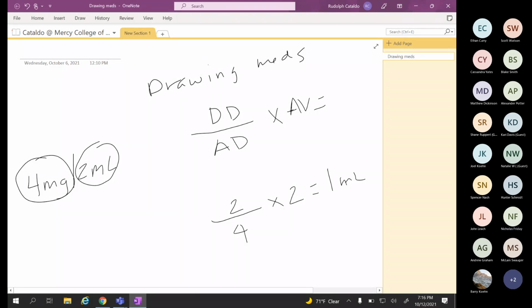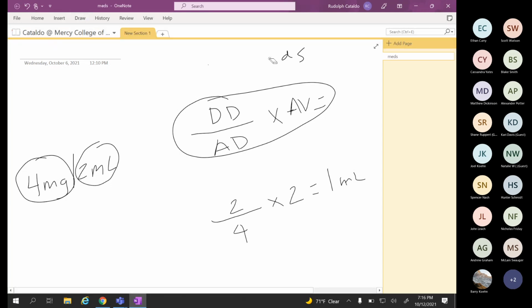And that's the formula that you need to know when you're trying to draw up medications: desired dose over available dose times available volume. So let me erase that. Does anybody need any clarification on that?